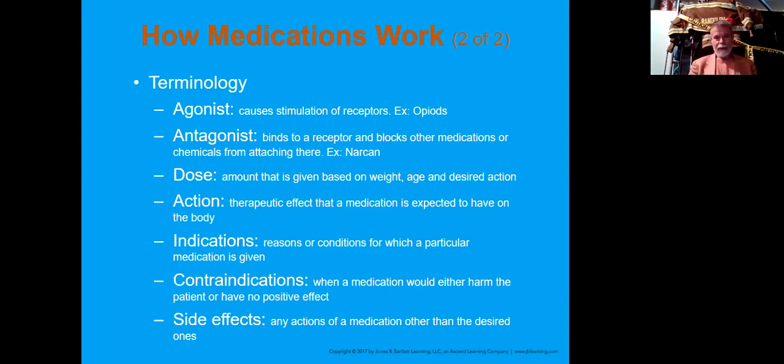So let's look at an agonist and an antagonist. Not the best visual effects today, but bear with me. I think you'll get this. Here's my brain. Okay, I know it's really my hand, but I want you to think of this as a brain. And someone takes an opioid.